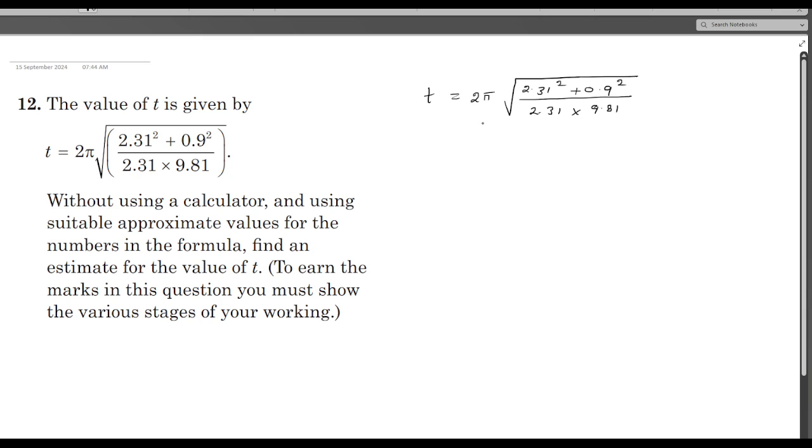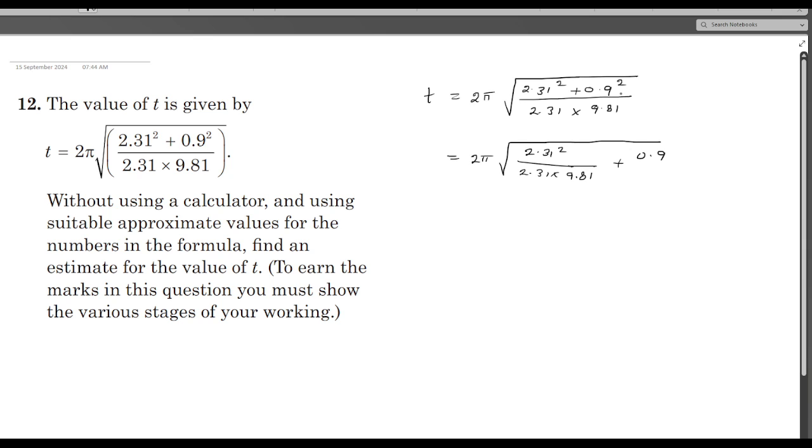Okay, one thing what I can do is, before we start taking approximate values, I will split and write this as 2.31 squared divided by 2.31 into 9.81. Will this help me? Let us check. Plus this is 0.9. Okay, here it is 0.9.